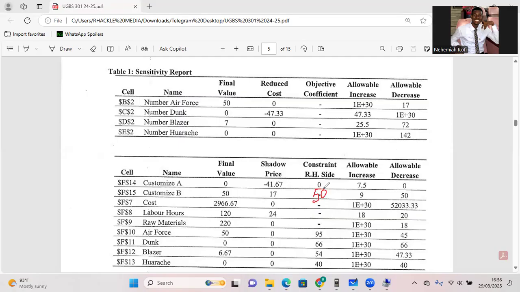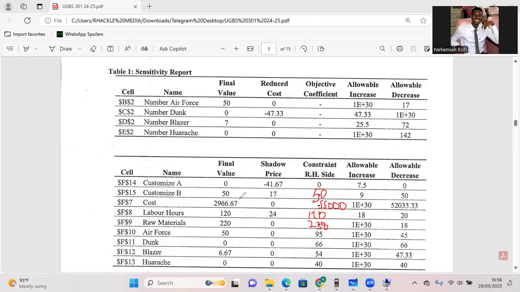Then costs we have 55,000. Then labor hours we have 120, according to our constraints that we computed. And raw material, we have 238. And the rest there, they are there.